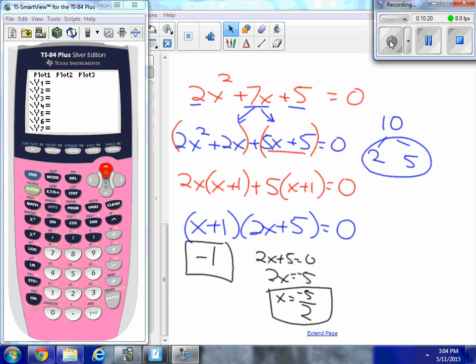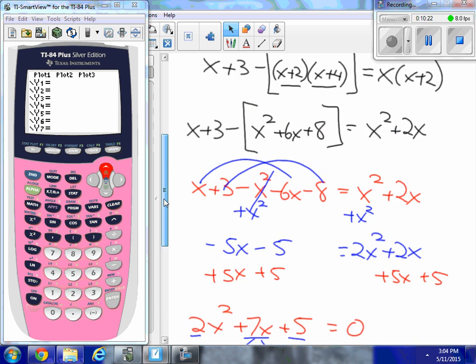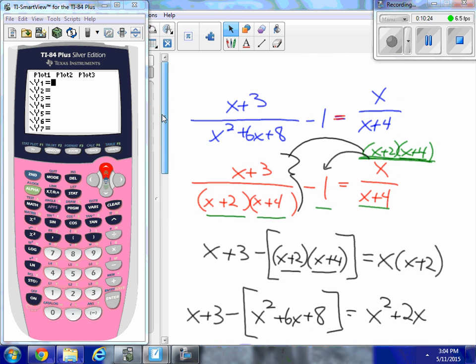So you can go back into your original equation and check negative 1 and check negative 5 halves and see if they work in your original equation. But one thing I'm going to do to show you a little bit different approach is I'm going to graph it. I'm going to use my calculator to check it.